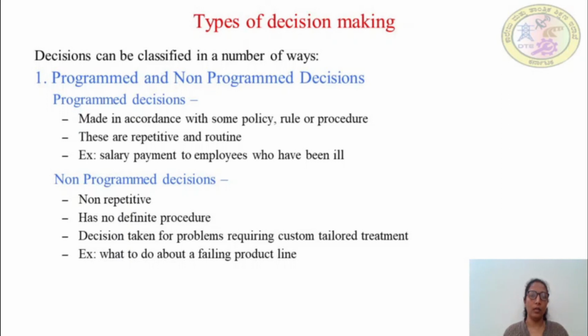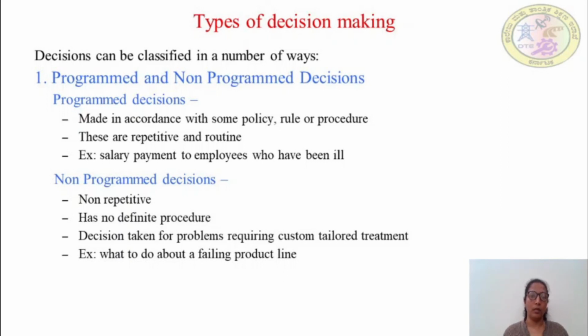Non programmed decisions are novel and non repetitive. If a problem has not arisen before, or if there is no clear cut method for handling it, it must be handled by a non programmed decision. For example, what to do about a failing product line is a non programmed decision because no definite procedure exists for it.